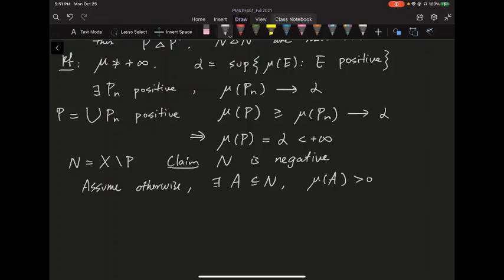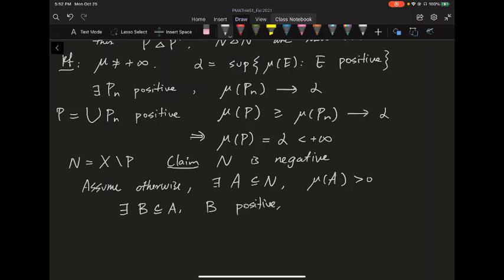Because it's strictly positive, by the lemma we just proved in the last video, note that A merely has strictly positive measure. It doesn't mean A is a positive set. But by the lemma we proved, there exists a B subset of A where B is a positive set.